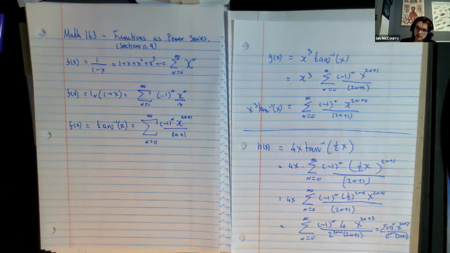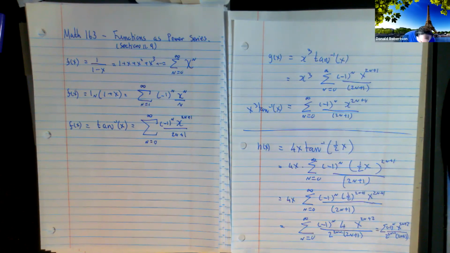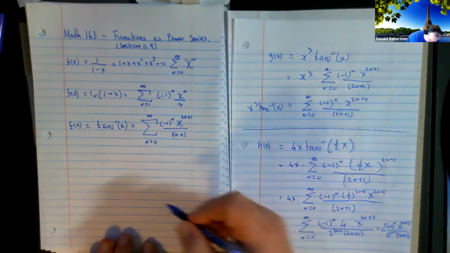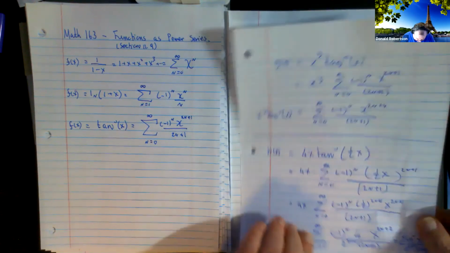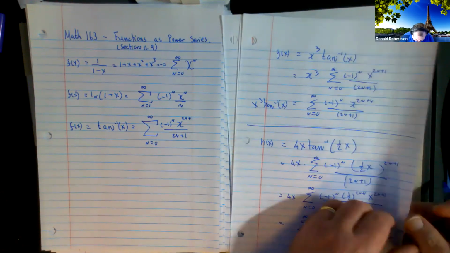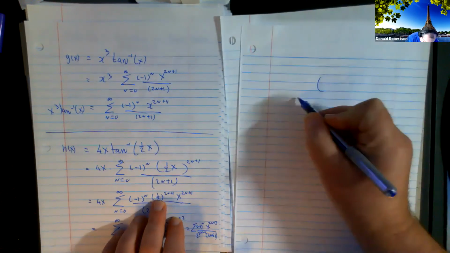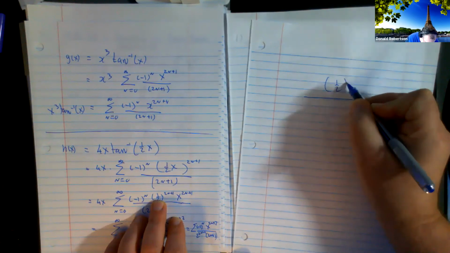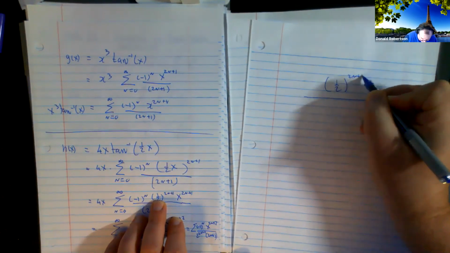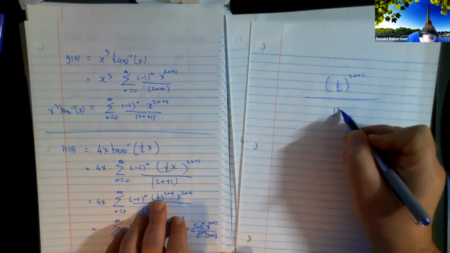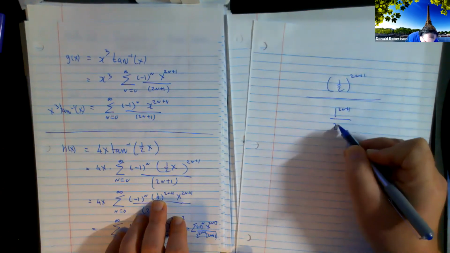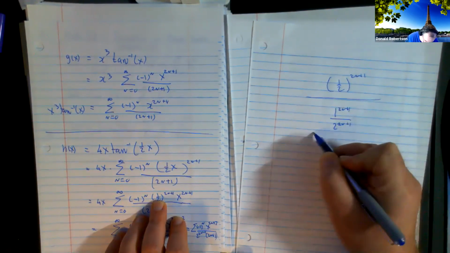So where did the 2 to the power of 2n plus 1 on the denominator come from? Oh, where did this come from? It came from me doing this. I had on the top 1/2 to the 2n plus 1. And then I kind of split it up. Stuff in the bottom, right?